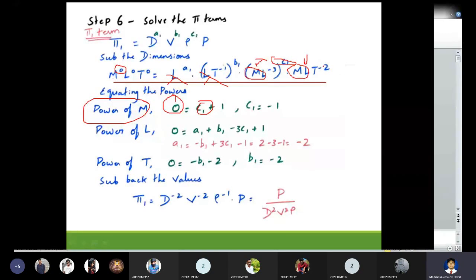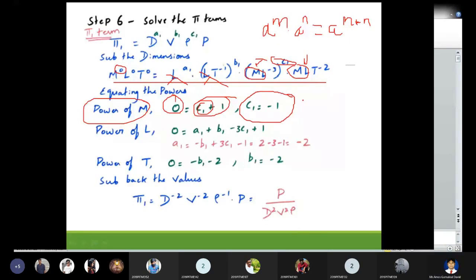What is the power of that? 1. So I'm going to take c1 plus 1. It's like this: a power m into a power n is equal to a power m plus n. That's how the algebra works out. So c1 plus 1. From this I can tell that c1 is equal to minus 1. This step we will do in the end.